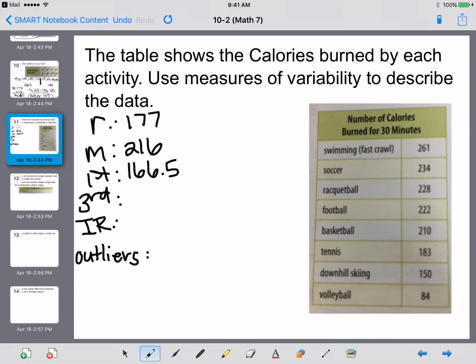Our third quartile is 231. So our interquartile range is 64.5. In this case, we have one outlier of 84.